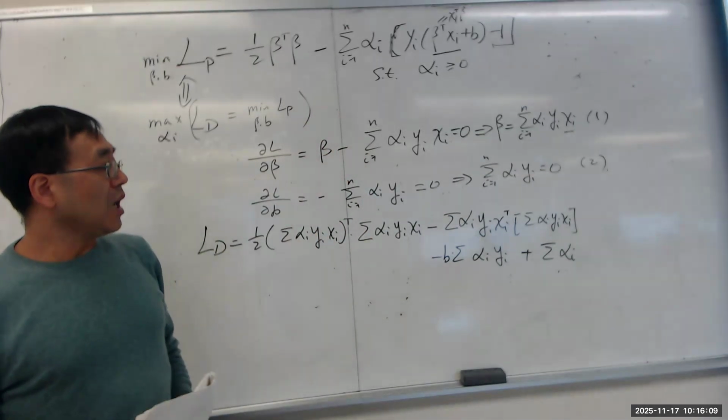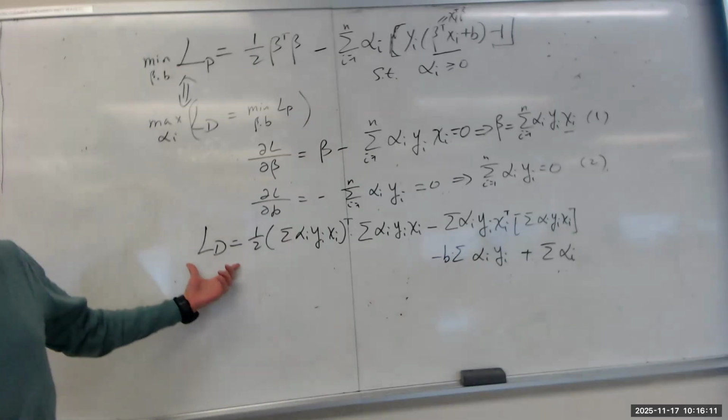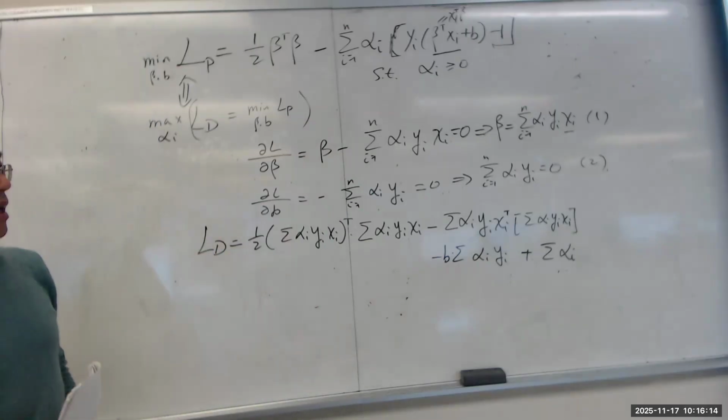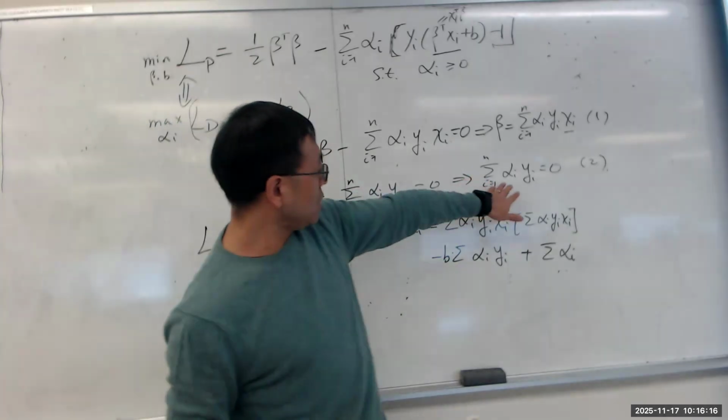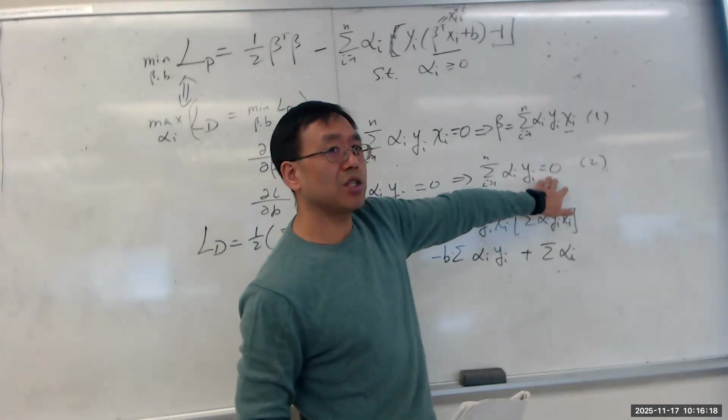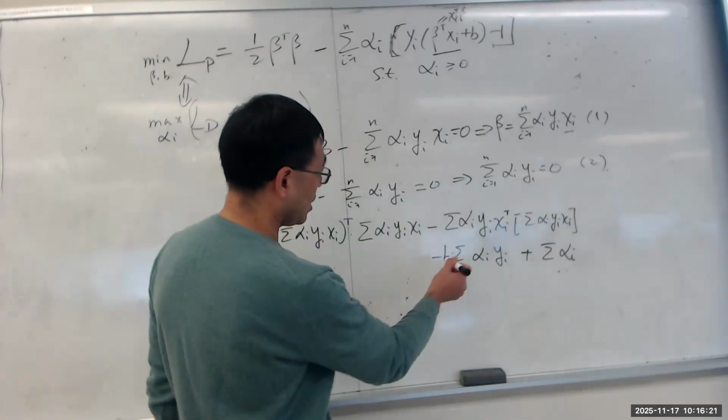Now, if you look at this L_D term, it looks pretty complicated. But from equation 2, we have the summation of alpha_i y_i equal to 0, so this term is actually gone.